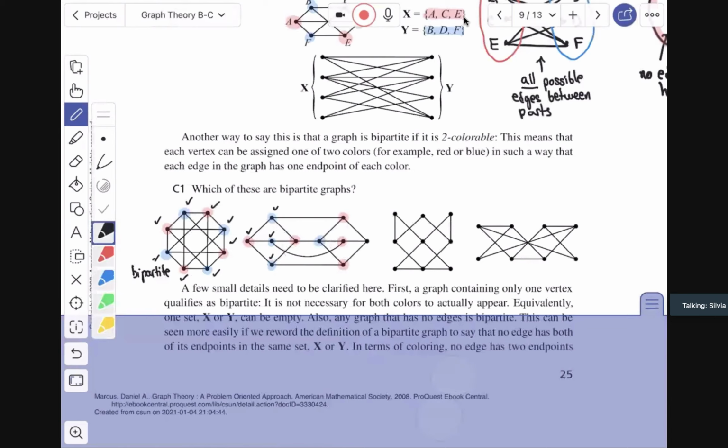So far, those two are okay. And then I'll look at the red ones. So blue, blue. This needs to be blue. And now that one is fine. And then I look at the next one, blue, blue, blue. And this one is blue, blue, blue. And that one is red, red, red. So everything is worked out again. So that one is also bipartite.